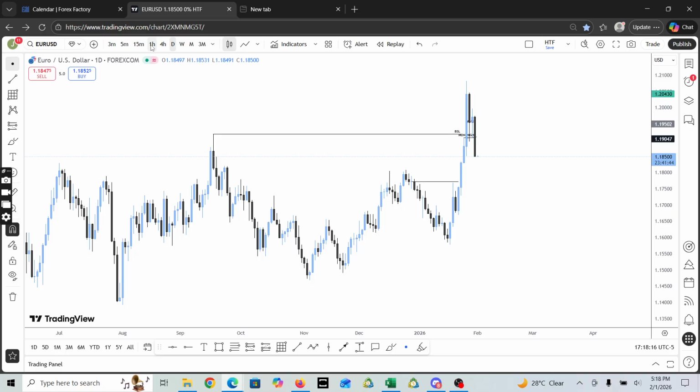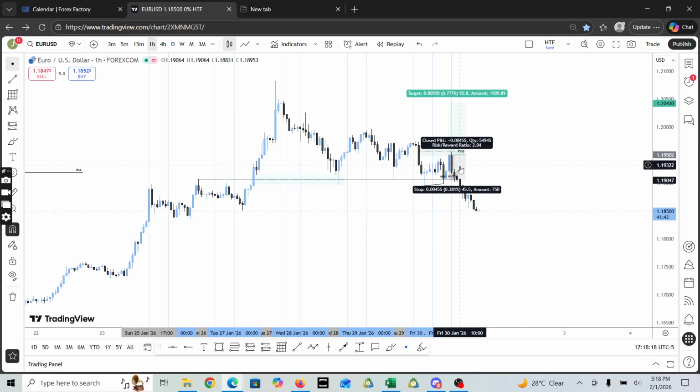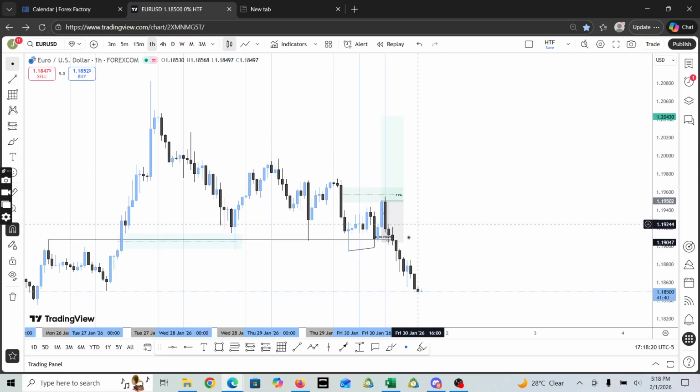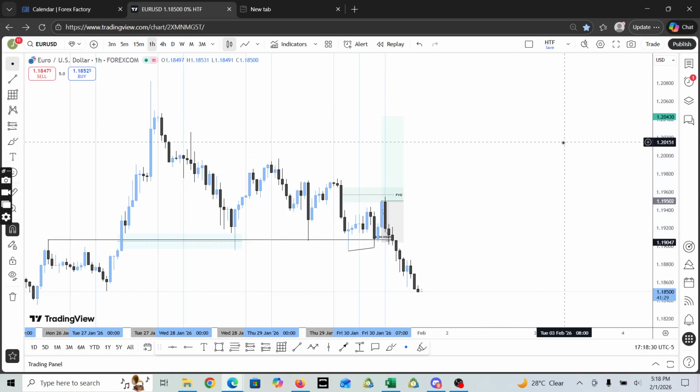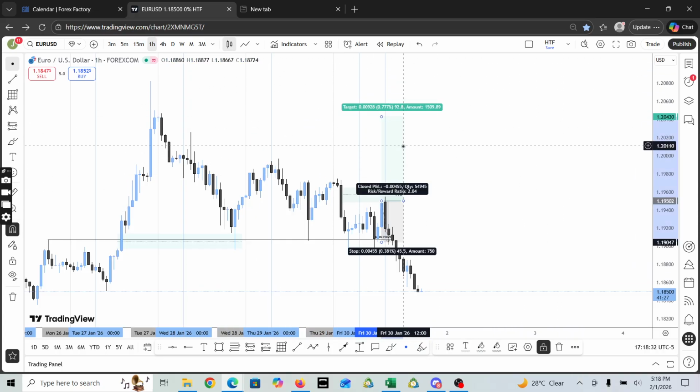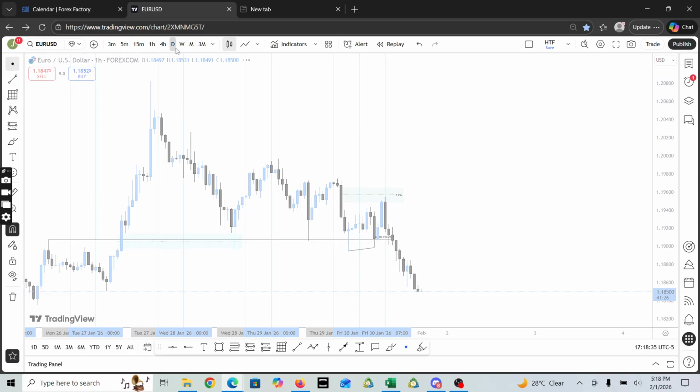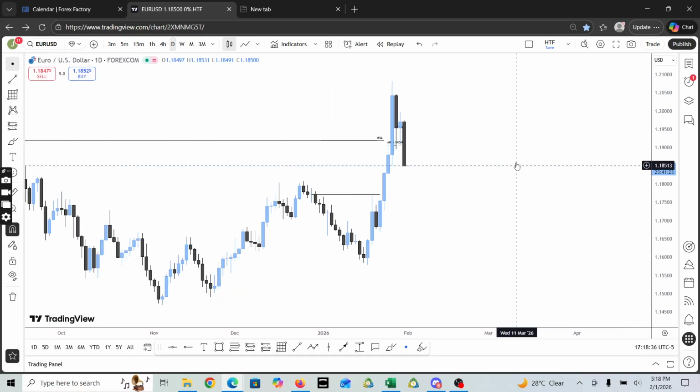So if you can see here, this is the trade I took on EU. I closed before it actually came to hit the stop loss. All right, close that. So let's leave that. EU on the dailies.